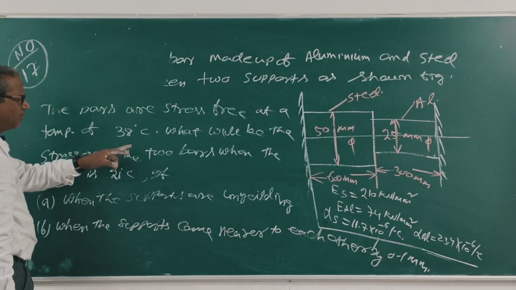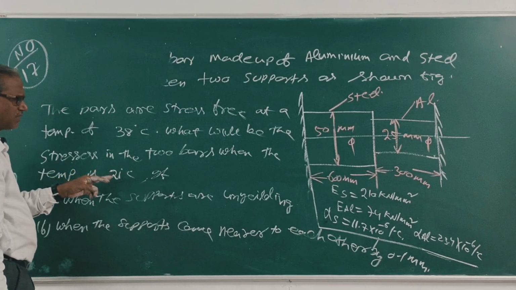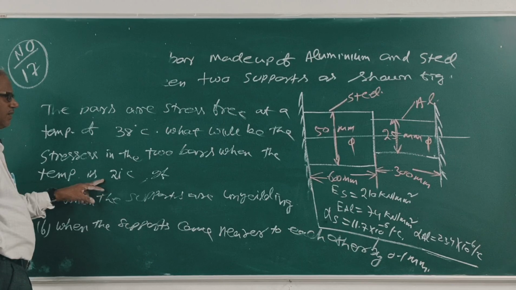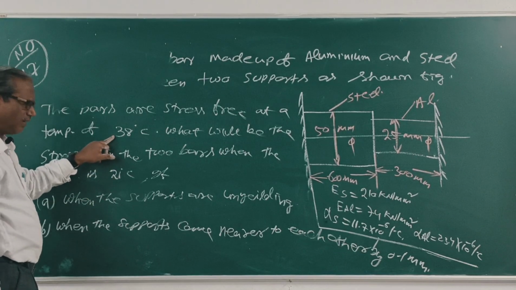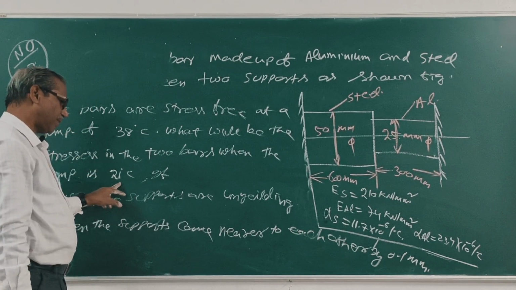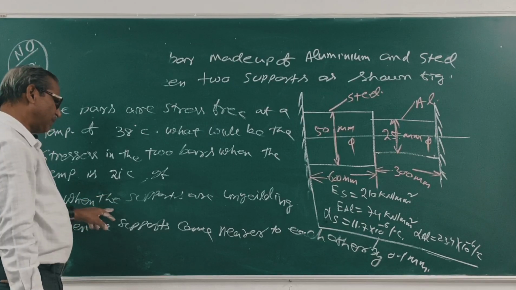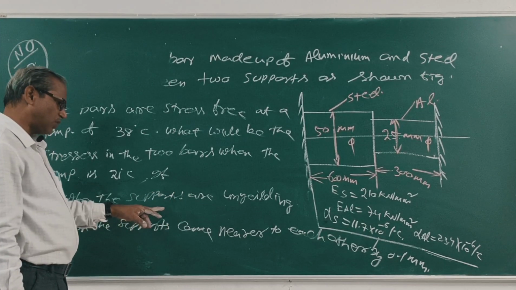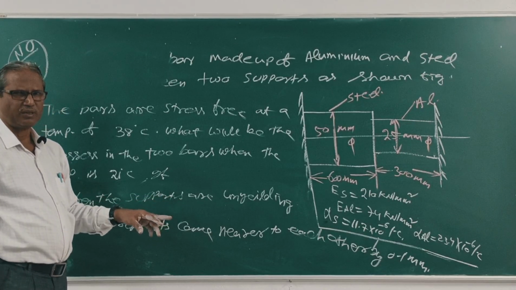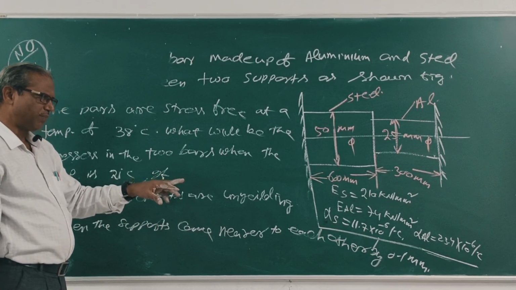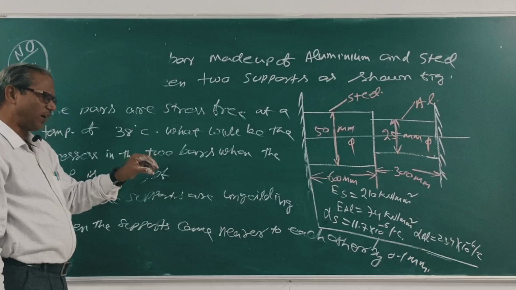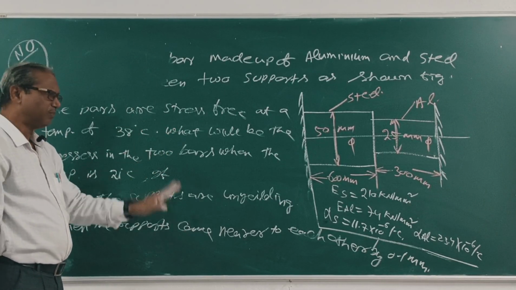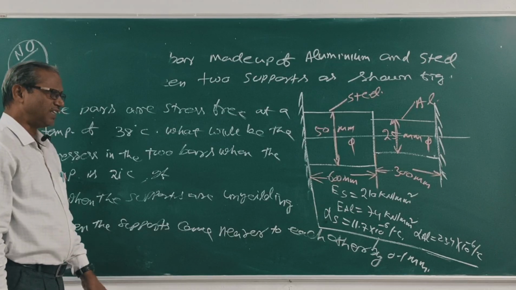Find what will be the stresses in the two bars when the temperature is 20 degrees centigrade. Initial temperature is 30 degrees centigrade, final temperature is 20 degrees centigrade. Clear? When the two supports are yielding. Next, when the two supports come nearer to each other by 0.1 mm. In both cases, we find stress for steel and stress for aluminum. Now, first write the given data.